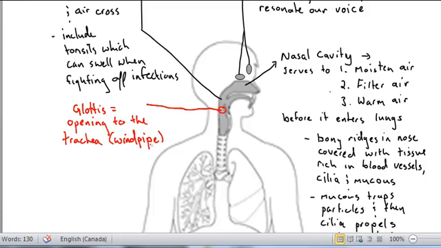And when we swallow, we close that off using, I'll color it blue, right here, the epiglottis.